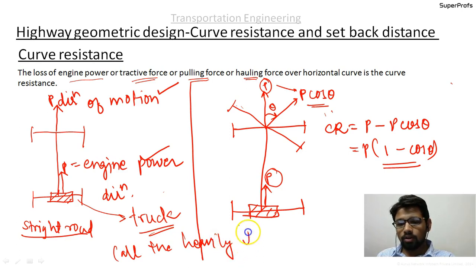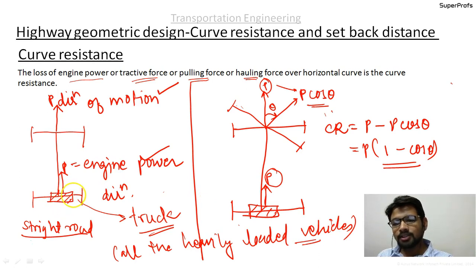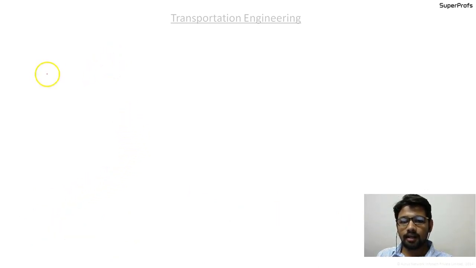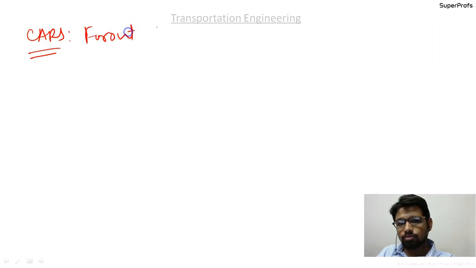But if you consider the example of cars, they are front wheel driven vehicles.